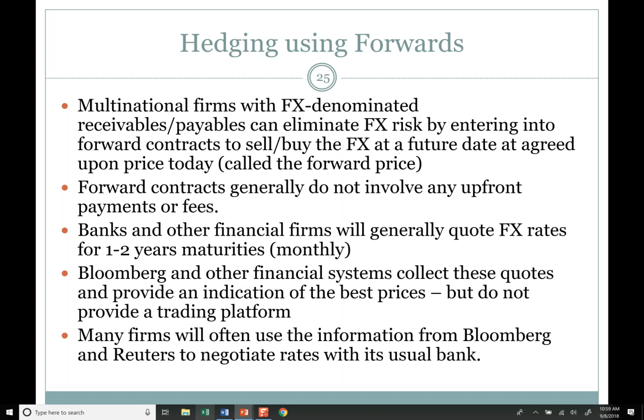And if you know you're going to buy a piece of equipment for 10 million pounds next year, why wouldn't you get a contract to lock in the price to buy 10 million pounds 1 year from now? If it's a fair price, your NPV is positive, and it's profitable, why wouldn't you lock in?